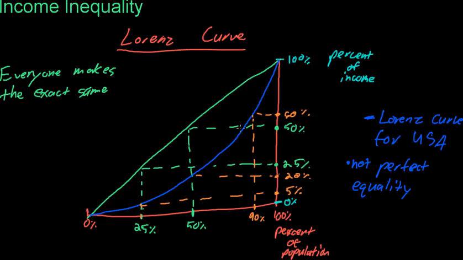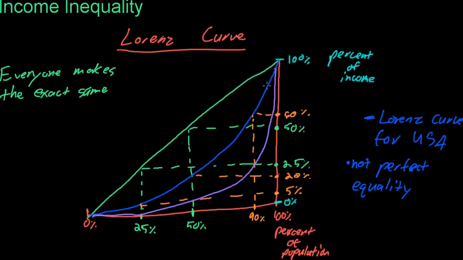So let me restate that one more time. The 10% that has the highest income controls 40% of the income. And so that's how you see that there is income inequality in a Lorenz curve that is U-shaped like this. Now the more U-shaped that this Lorenz curve becomes, the more unequal the income is.